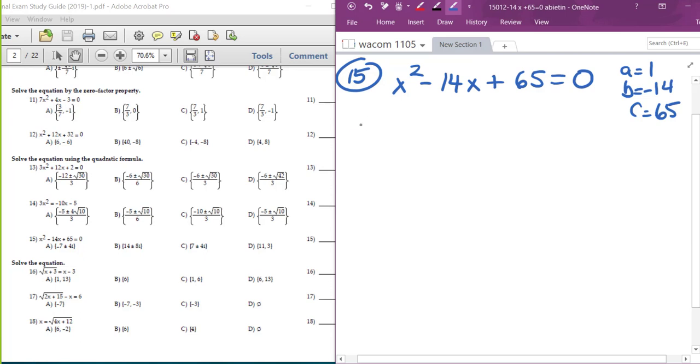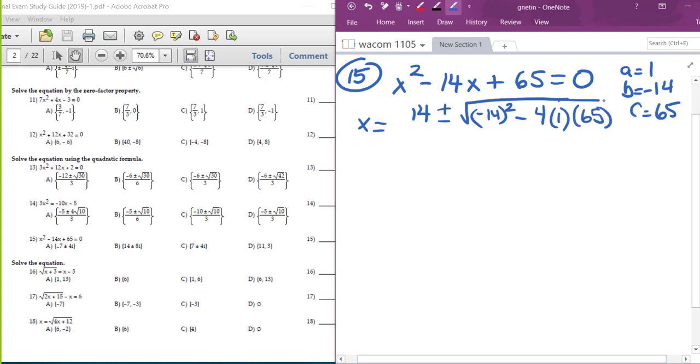So x is equal to -b. So b is already negative, so this will be a +14. Plus or minus b squared minus 4 times a, which is 1, times c, which is 65, all over 2 times 1.